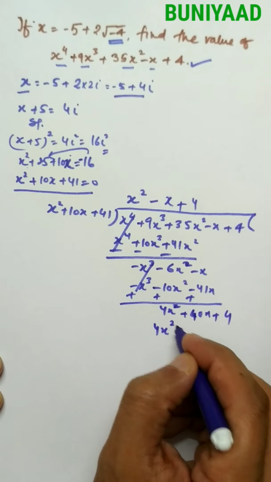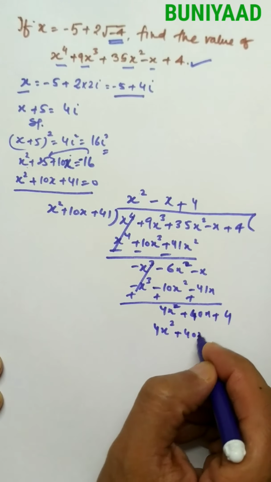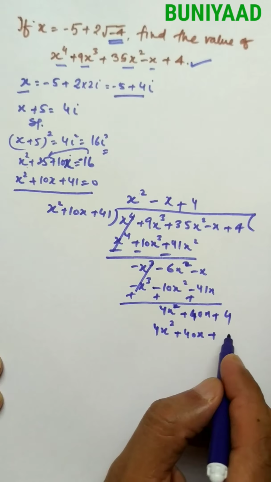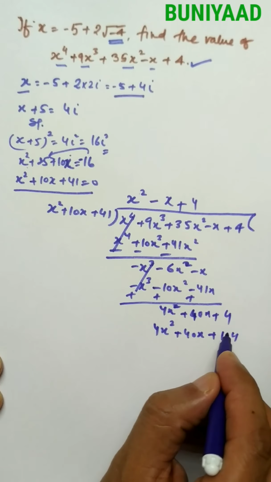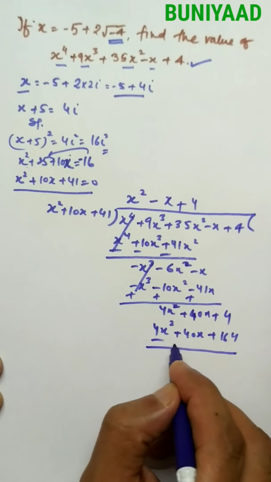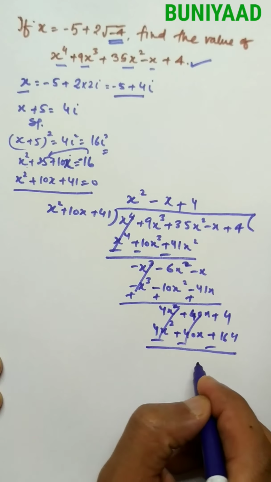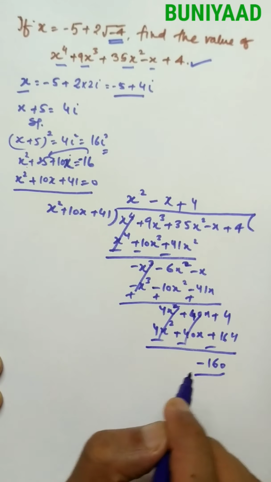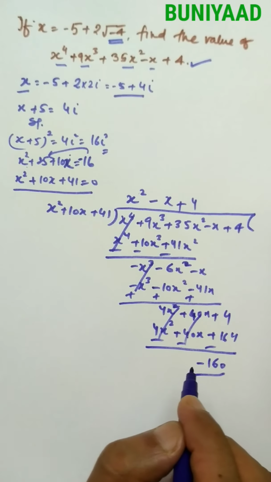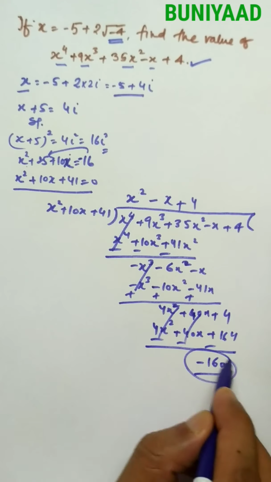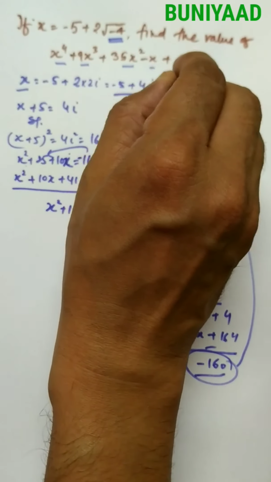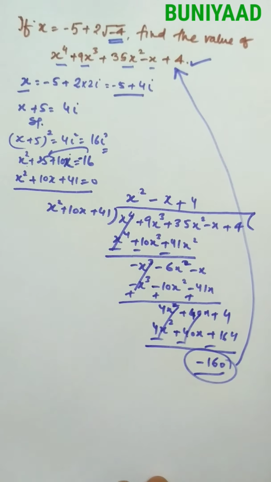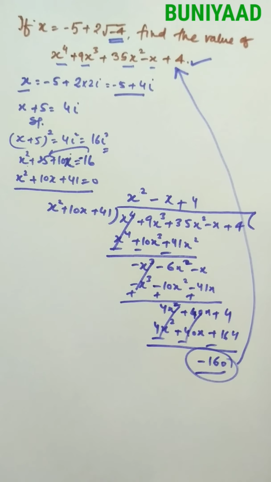This becomes 4x square plus 40x plus 164, right? It got cancelled, you are left with minus 160. So the minus 160 will be the answer. Minus 160 will be the value of this function. Minus 160 is your answer in that case.